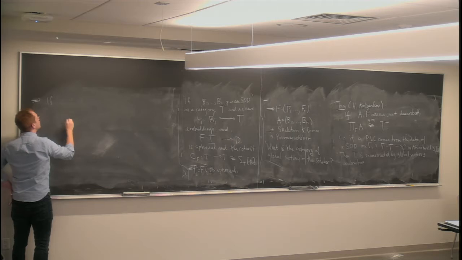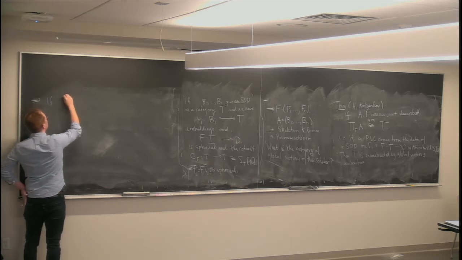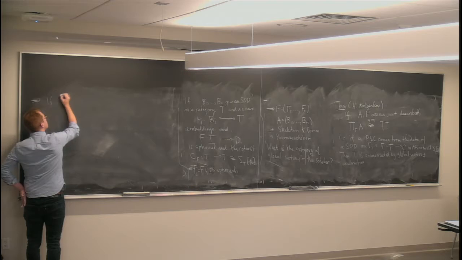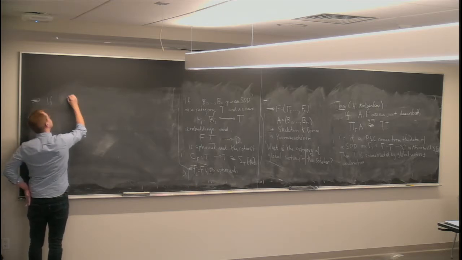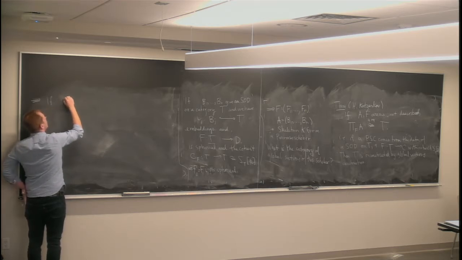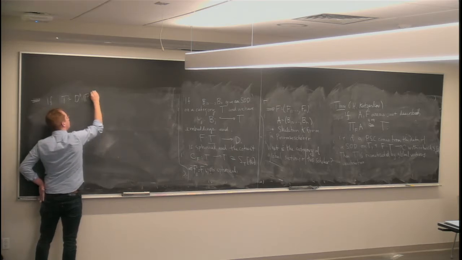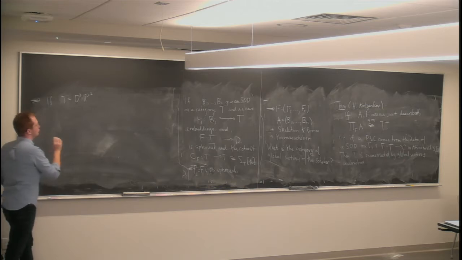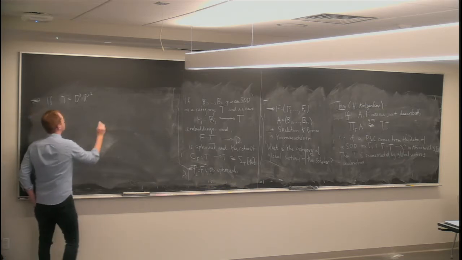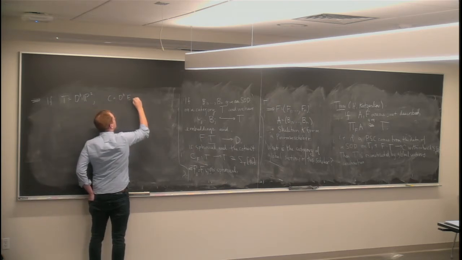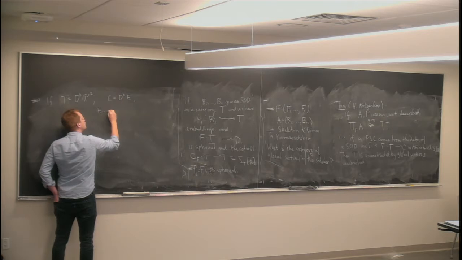Okay, let's just do this geometrically. If T is equal to D^b(E), let's go to a very basic example. This is general, but we're already going to an example. So let's go to a basic example: in C, D^b of E, where E is a cubic curve.